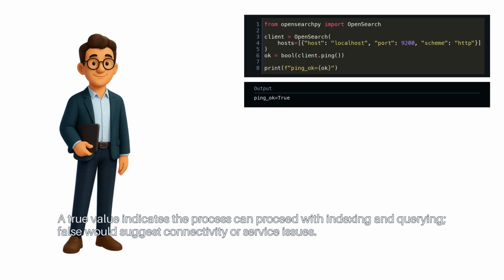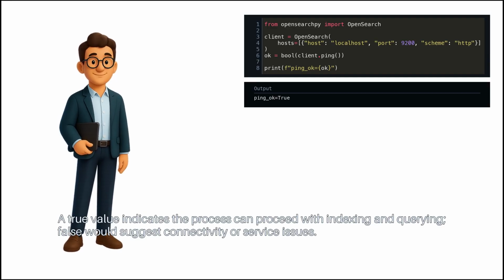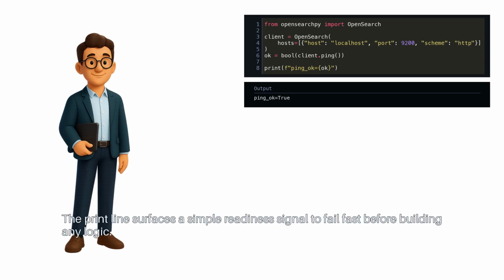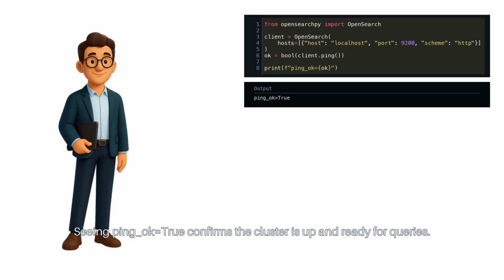A true value indicates the process can proceed with indexing and querying. False would suggest connectivity or service issues. The print line surfaces a simple readiness signal to fail fast before building any logic. Seeing ping OK equals true confirms the cluster is up and ready for queries.